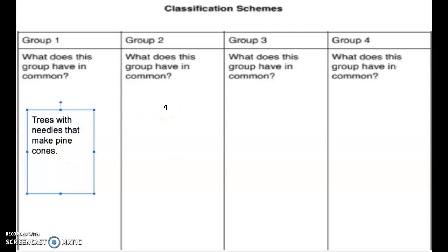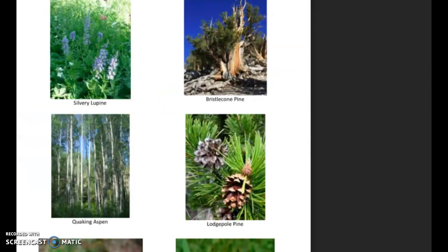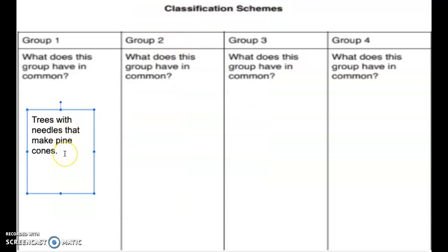Okay, what about group 2? Let's jump back to our plants and animals. And as I'm scrolling down, and actually, just to make a note, we could also say that all of these trees are what we call coniferous.